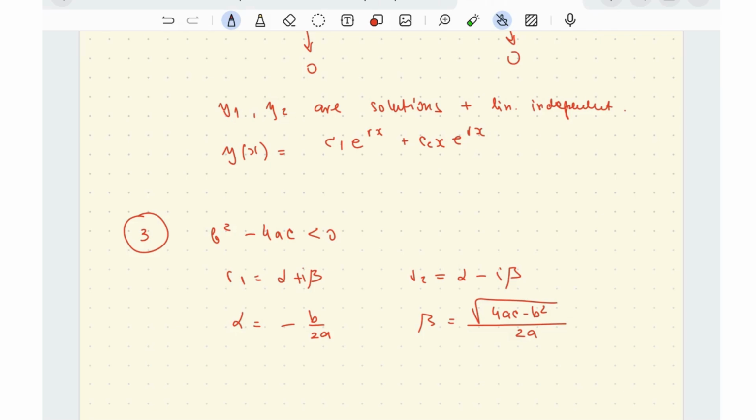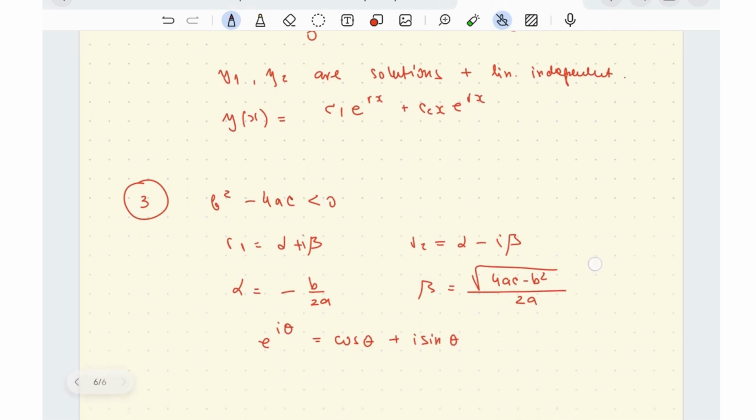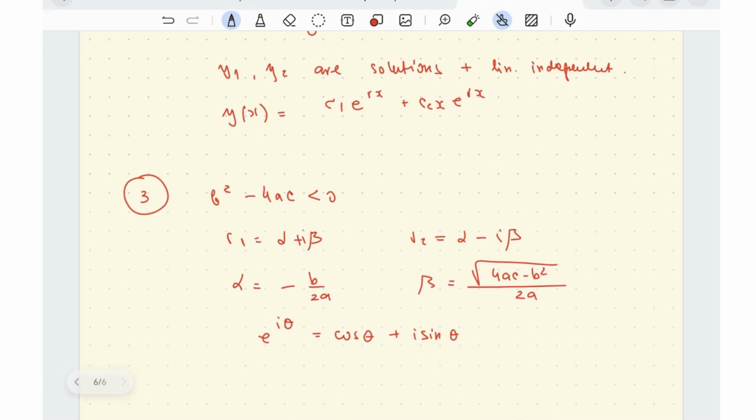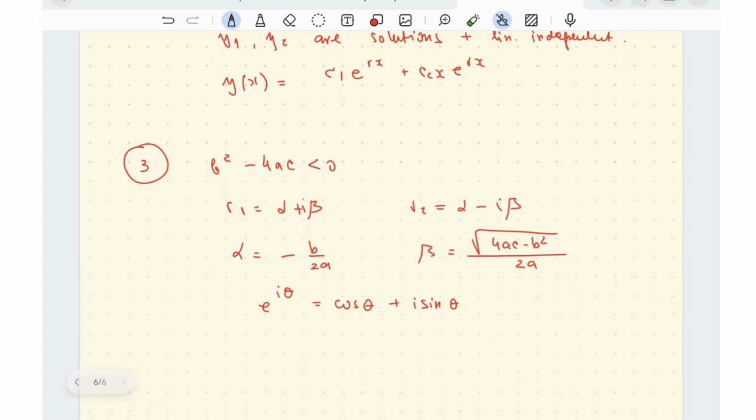So we use Euler's relation for complex numbers, the Euler's form of complex numbers. And let us see what we get. They are linearly independent because alpha and beta are real numbers.